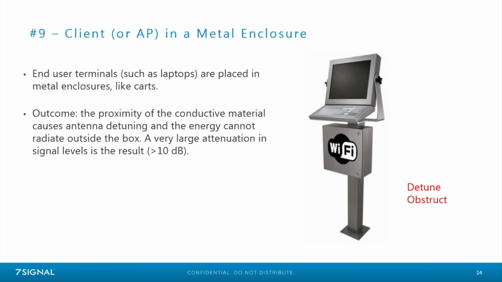Hopefully, that enclosure has a port where you can put an external antenna. Yeah, that's really the right solution, I think, to put an external antenna on the back of the enclosure or the top of the enclosure. Yeah, the only risk there is with mobile clients.